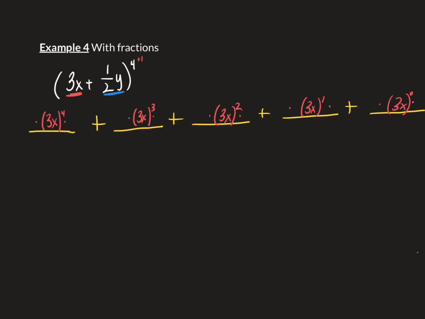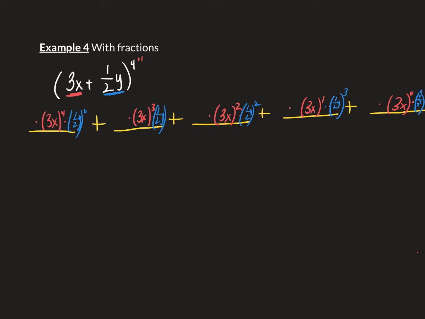I'm going to start on the far left, and I'm going to have 1/2 y to the 4th power. Then I'll have 1/2 y to the 3rd power. 1/2 y to the 2nd power. 1/2 y to the 1st power, and 1/2 y to the 0 power.